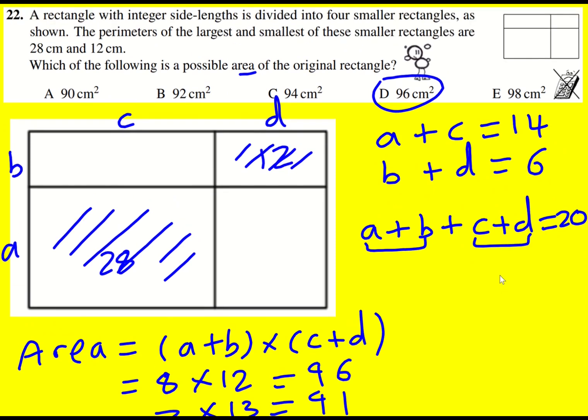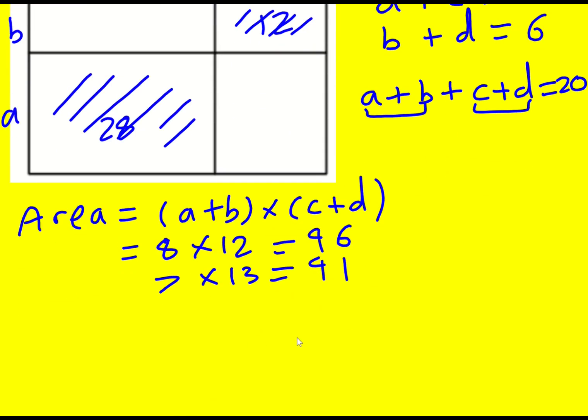I'm actually going to show you another way to do it, and this is the way I did it. I'm not saying it is good by any means, but it's good to discuss other sorts of answers. So the way I did it was I wrote that A was 14 minus C, and that means that the maximum value of C is going to be 13, because otherwise A would be 0 or negative.